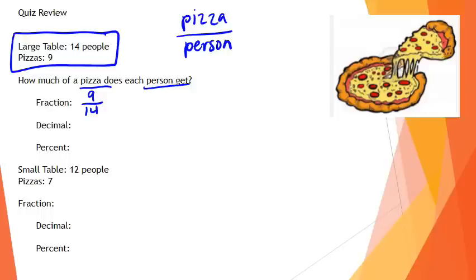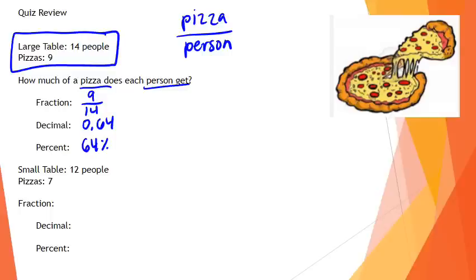As a decimal, I can go ahead and divide 9 divided by 14, and that would give me this decimal here, which would be about 64 hundredths. And then when I turn that into a percent, that's 64%. So that means that each person would get 64% of a pizza. That's not saying 64% of every single pizza, but of one pizza.